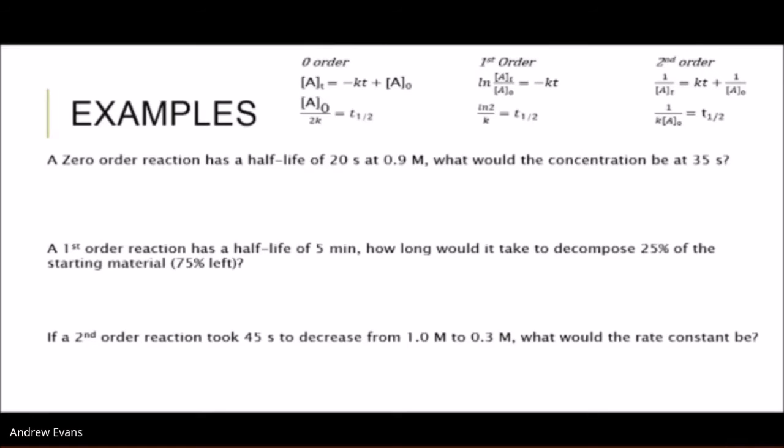So reading this, a zero order reaction has a half-life, t 1/2, of 20 seconds when your initial concentration is 0.9. Then I ask, what is your concentration after 35 seconds? Go to our doc cam.